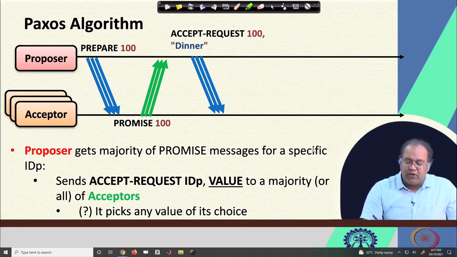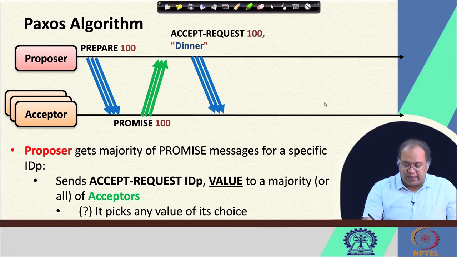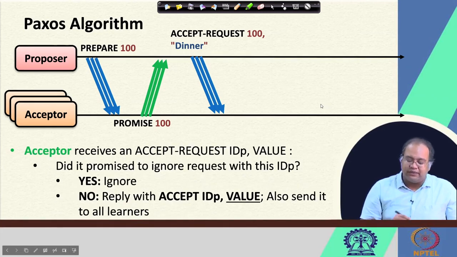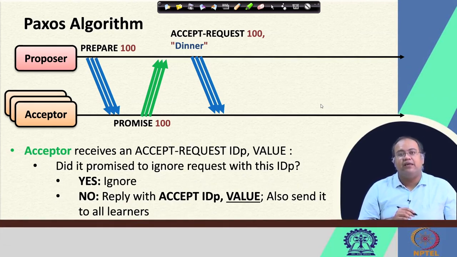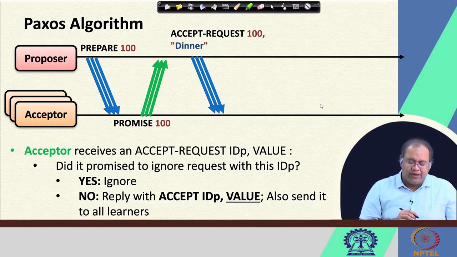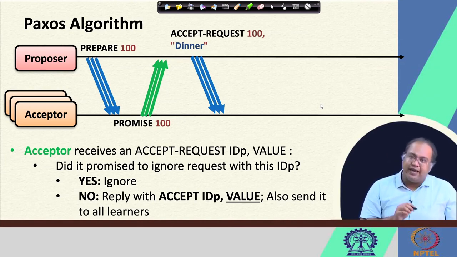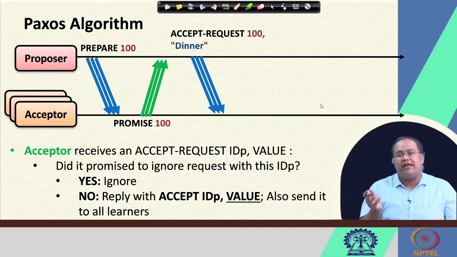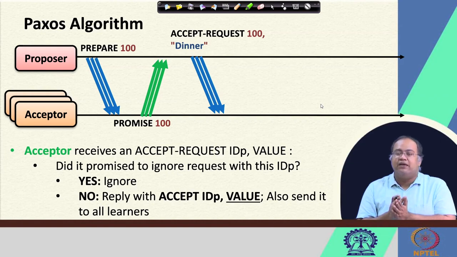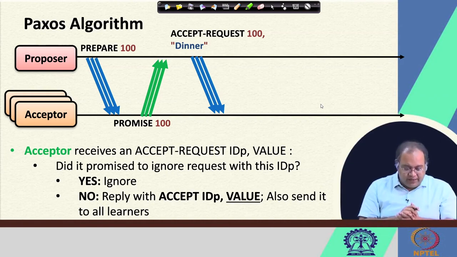Now, in this way when the accept requests are being propagated, the acceptors receive an accept request message. When the acceptors receive an accept request message, the acceptor checks again whether it promised to ignore requests with this ID. Well, if yes, if it is again a delayed message or something, and they have already moved to a new state which is more than that previous state, they are going to ignore this.